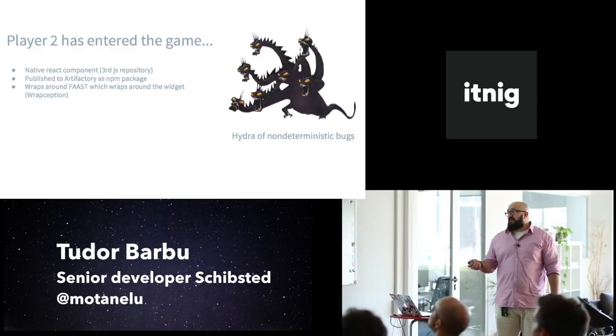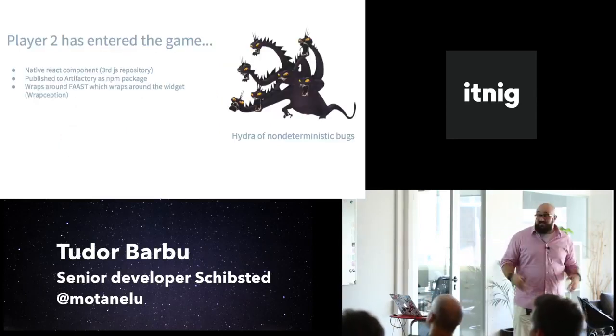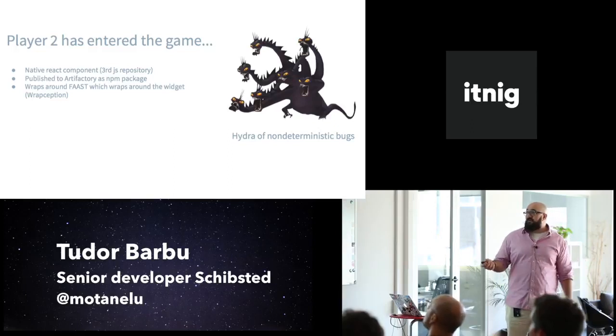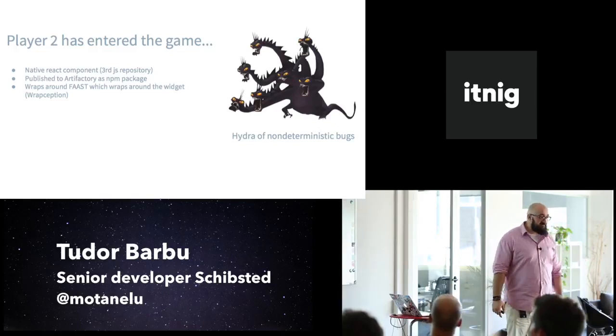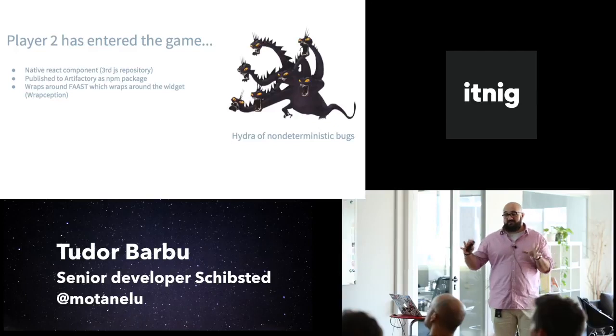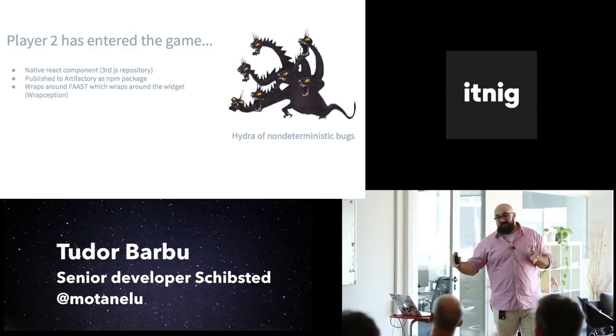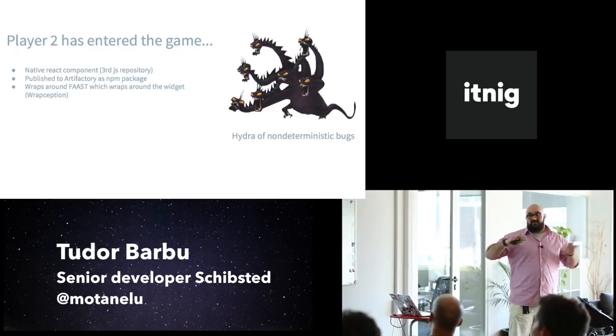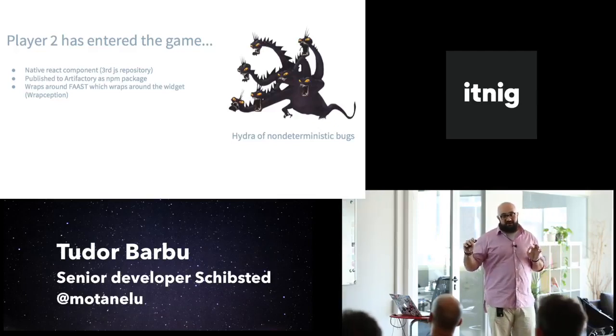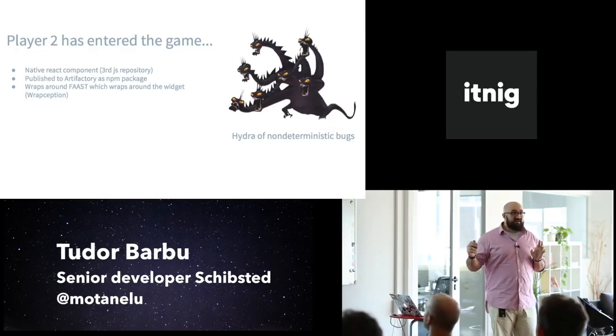So a third repository with a React component, which we publish on Artifactory as an NPM package. And this React component wraps around Fast, which wraps around the widget. And everything is very asynchronous, which creates a lot of bugs that are very hard to reproduce. It takes like 20 times to reproduce a bug.